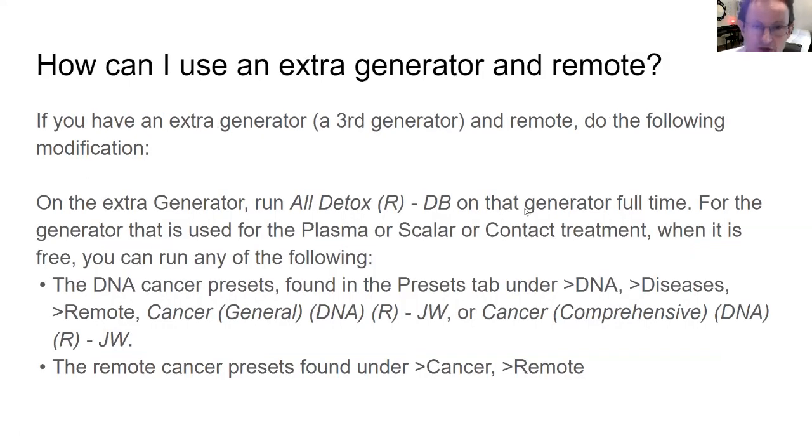It is worthwhile, if you've got extra generators and extra remotes, to have them at hand. Yes, running all detox we've already mentioned. You can also have the extra generator to run things like heximosets, or indeed the remote cancer general DNA, or the cancer comprehensive DNA as well.